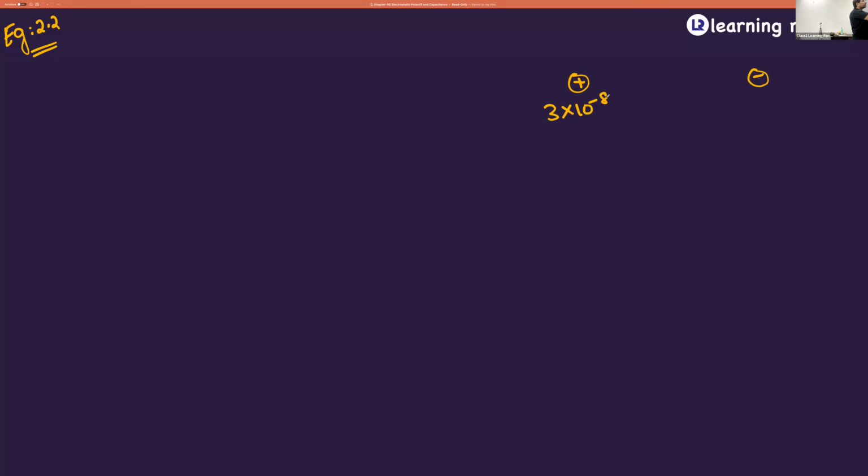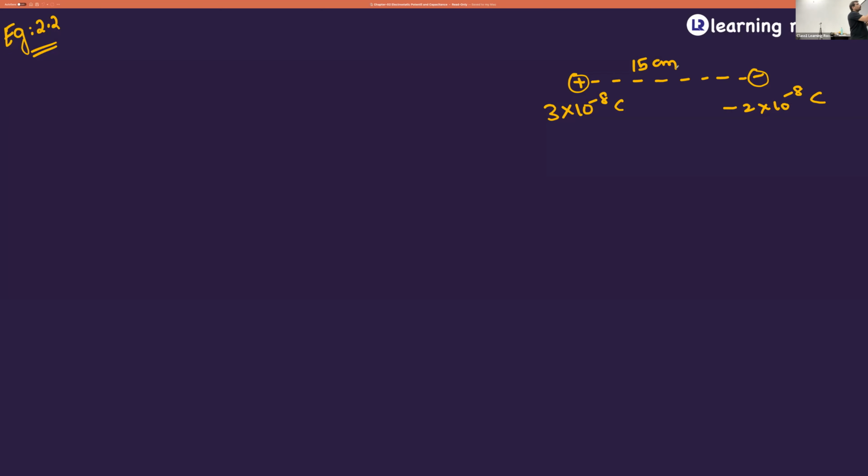At what point on the line joining the two charges is the electric potential zero? Take the potential at infinity to be zero. So for this kind of a system, on which point or points along the line joining these two charges is the electric potential zero?